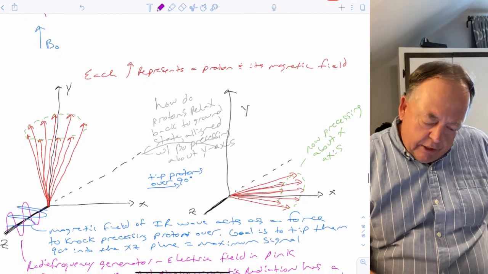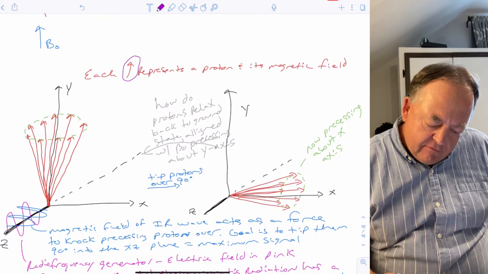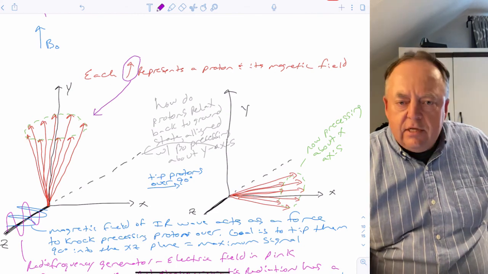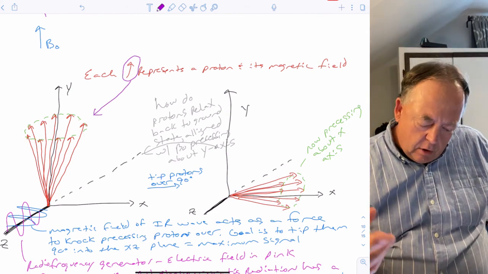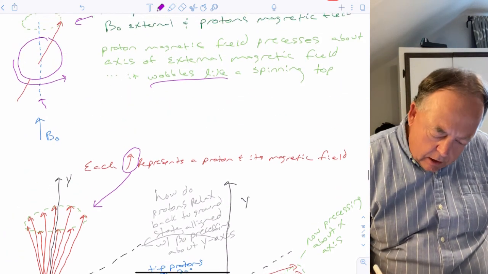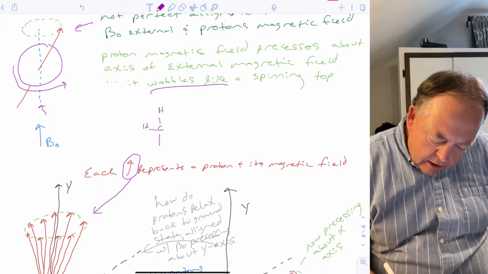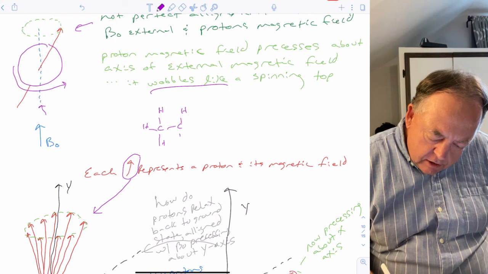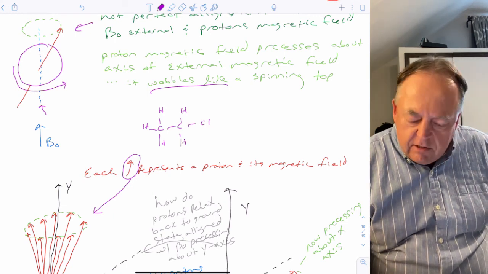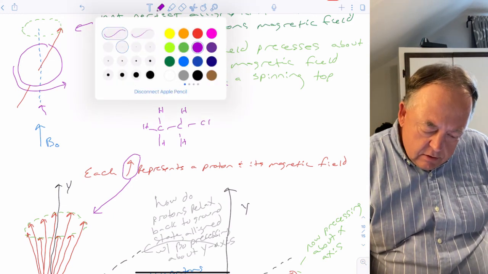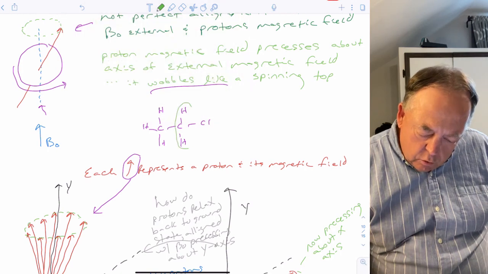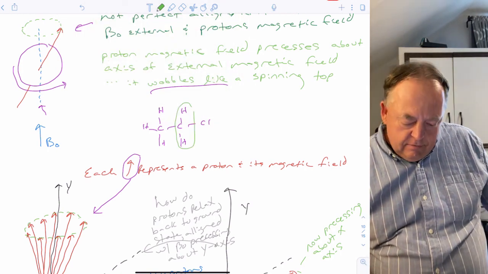Okay, so each of these lines that I have drawn here represents a different proton, in a molecule such as this one, which we're going to talk about in a little more detail in a minute. Maybe it's a bunch of those molecules, and maybe it's these two hydrogens, for example, which are equivalent.